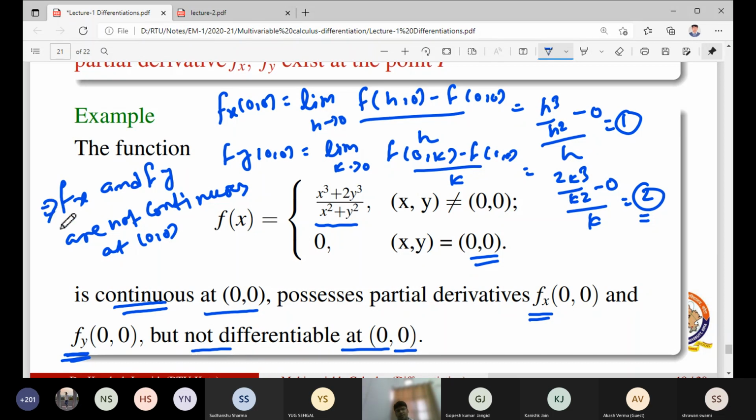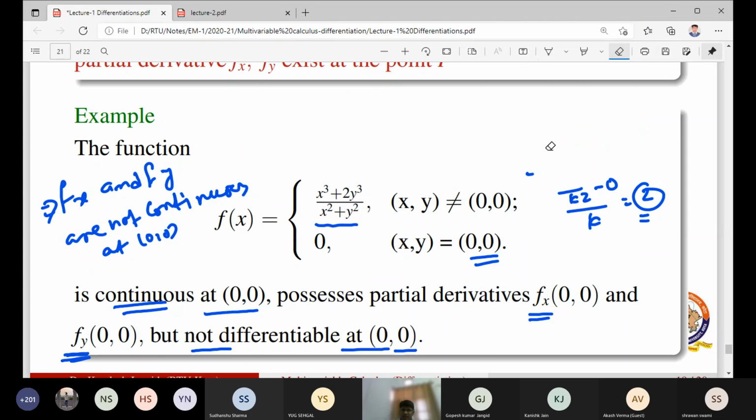We need to prove this one, to prove that given function is not differentiable. So partial derivatives exist, but these partial derivatives are not continuous at this point (0, 0).